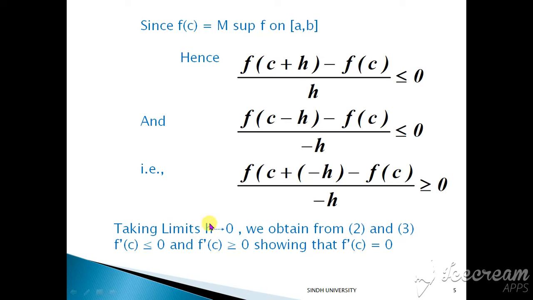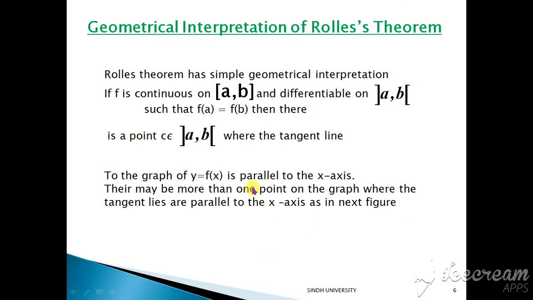Taking limits as h tends to 0, we obtain from equations 2 and 3 that the first derivative f'(c) is less than or equal to 0 and also greater than or equal to 0, so that f'(c) is equal to 0.